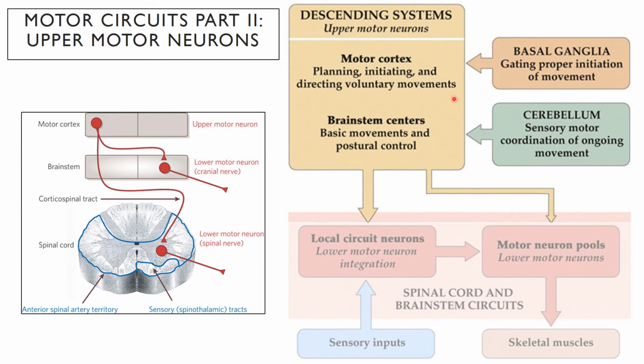So the motor cortex is involved with the planning, initiating, and directing of voluntary movements. It is regulated heavily by the basal ganglia. We have a whole lecture on the basal ganglia and the cerebellum. So we're going to hold off on these things for the moment. Right now, instead, we're just going to talk about the organization of the motor cortex and how motor planning occurs within the motor cortex.